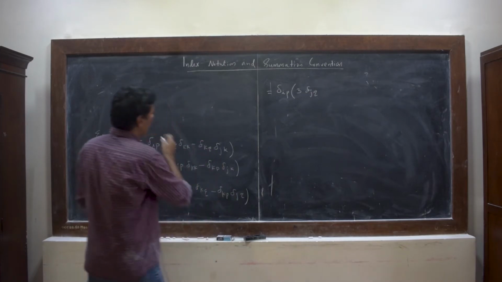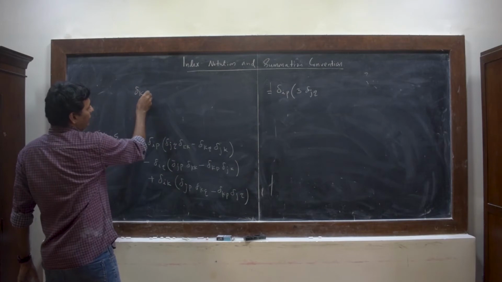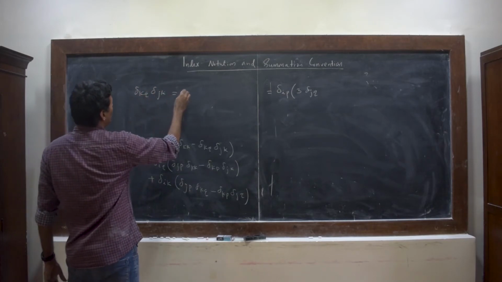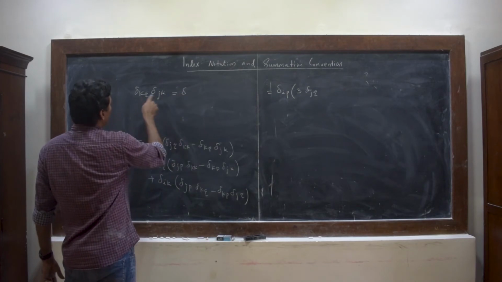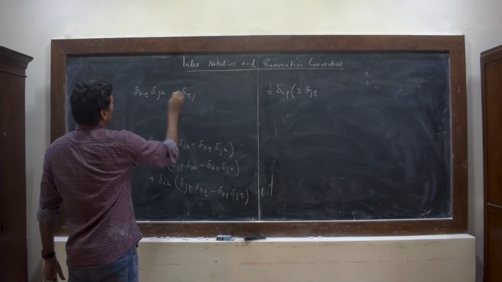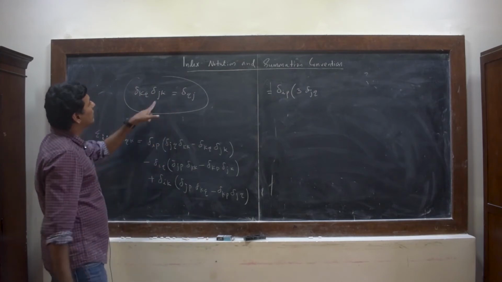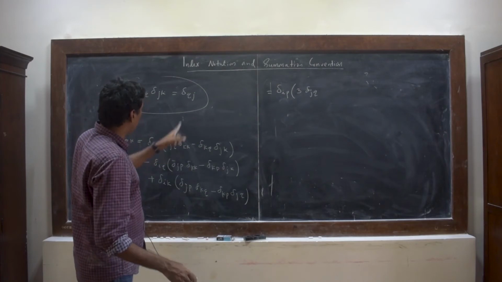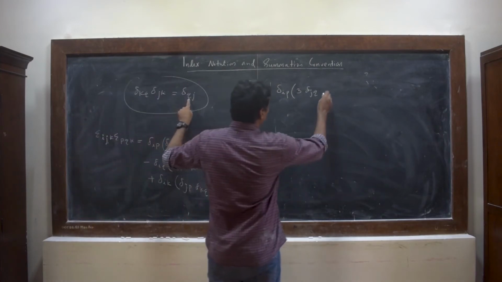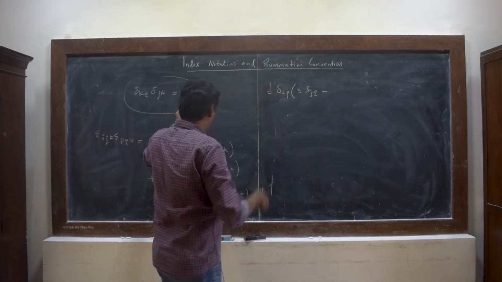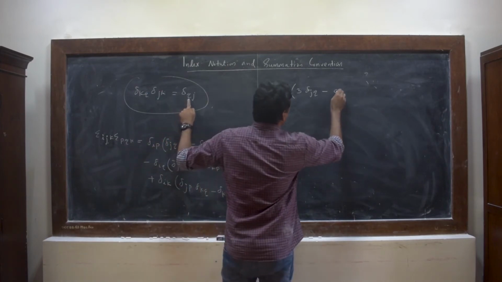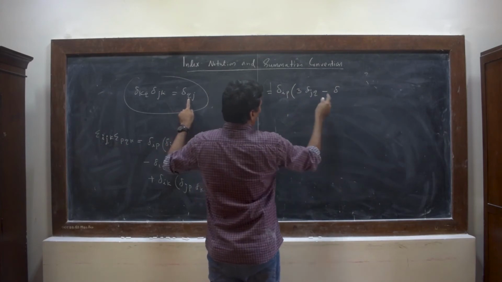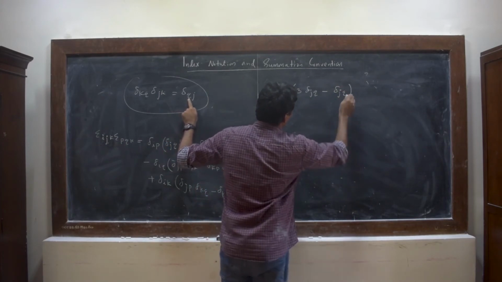I have already shown you when talking about the Kronecker delta that this is equal to delta QJ. So that's minus delta QJ, and delta QJ and delta JQ are the same, so I'll just write JQ.